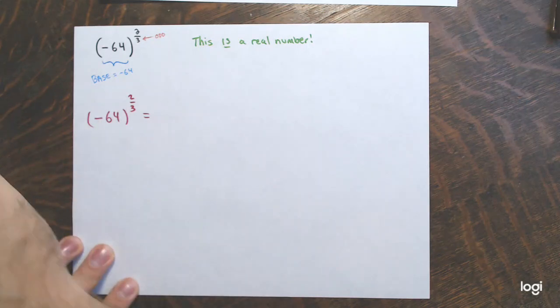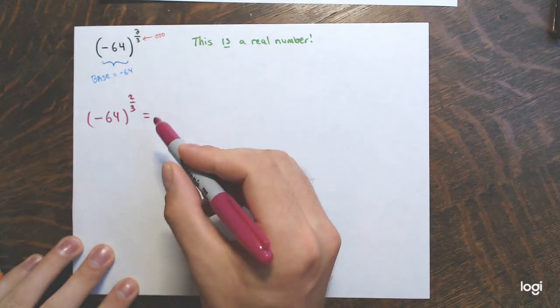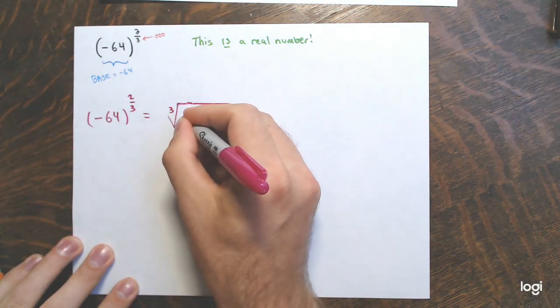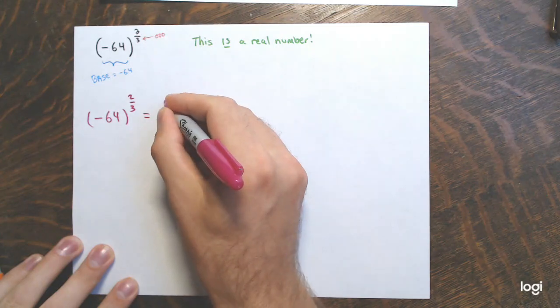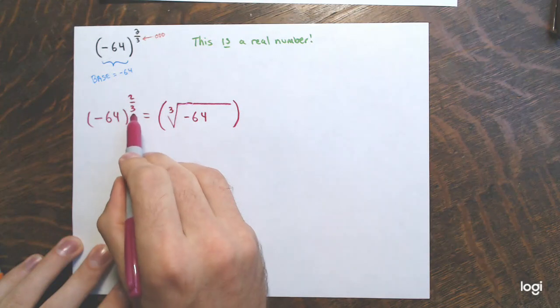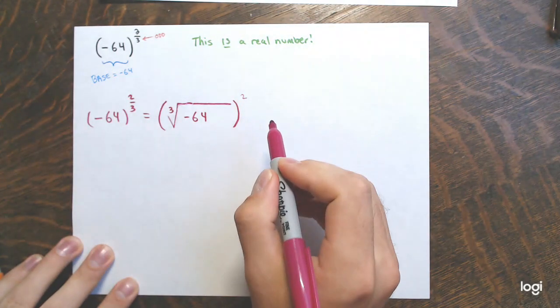The denominator is 3, so I'm doing a cube root of the base. I take the cube root of -64 first, and then raise that to the second power.